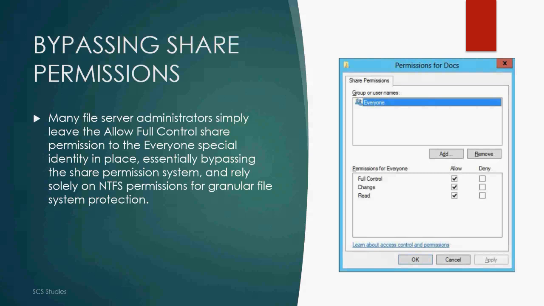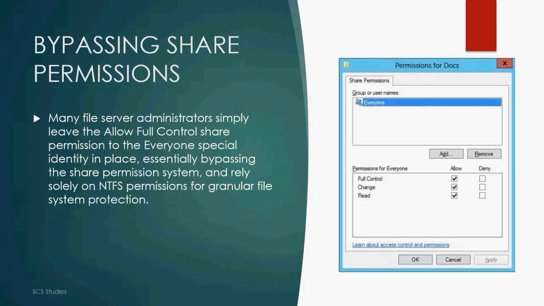So guys, how can we bypass this permission? Most administrators allow full permission to everyone and essentially bypass the share permission system, and rely on NTFS permissions for granular file system protection.